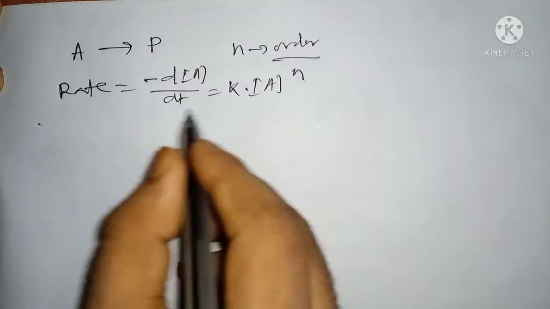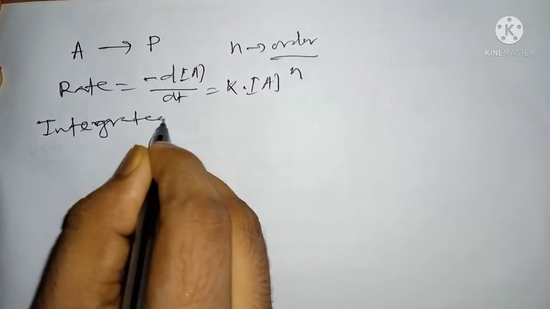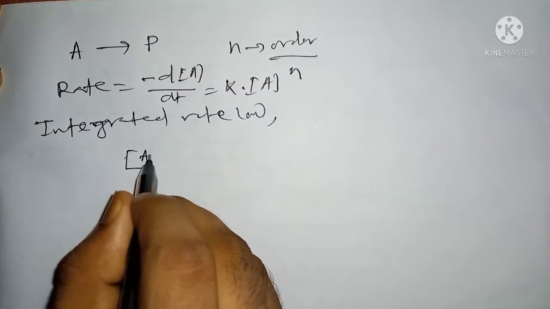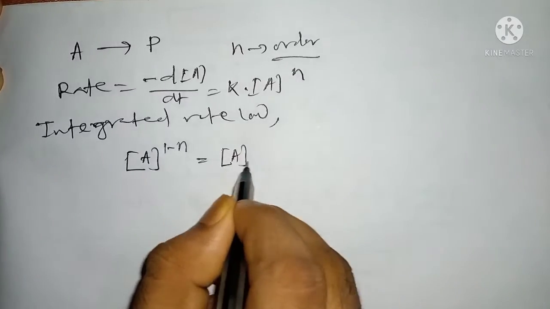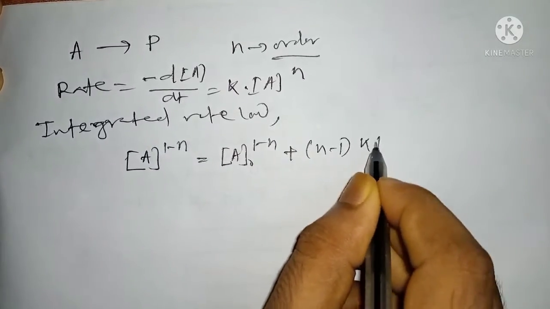Now integrate this. The integrated rate law in an nth order reaction, remember this: [A] to the power 1 minus n equals [A0] to the power 1 minus n plus (n minus 1) kt.